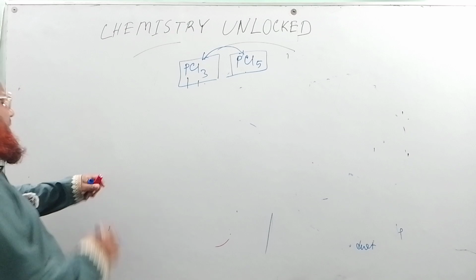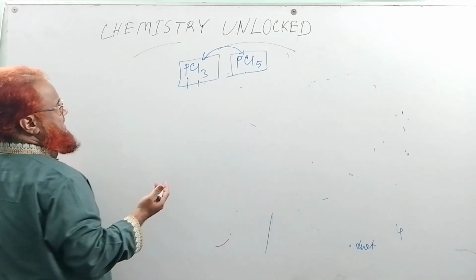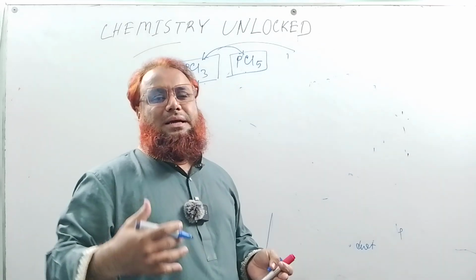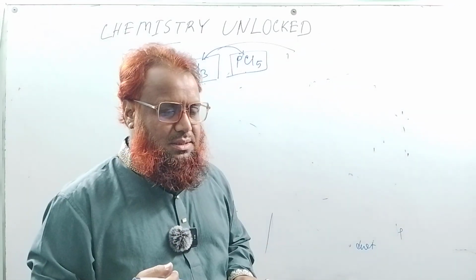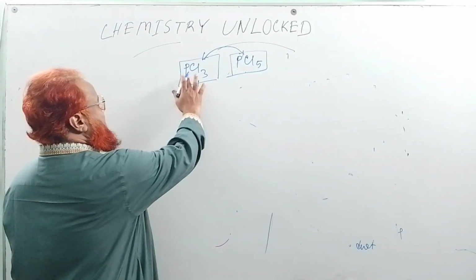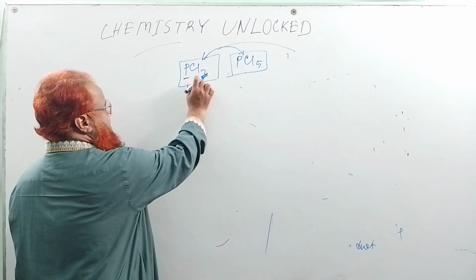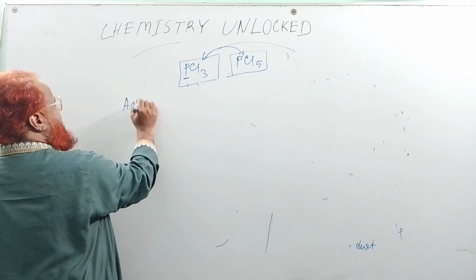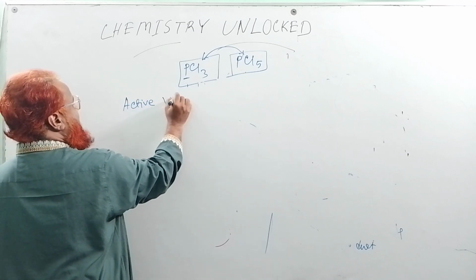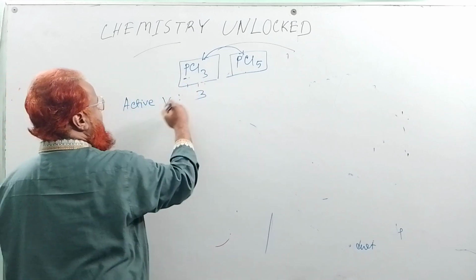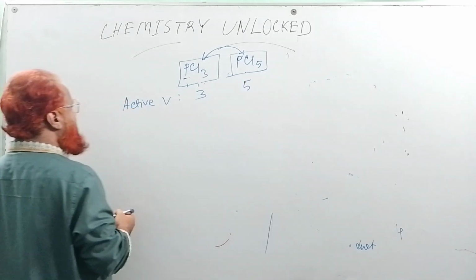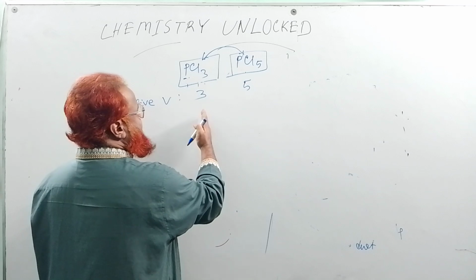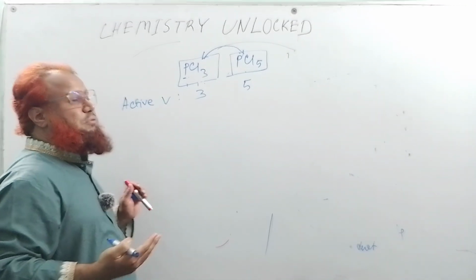Look at here, my dear student. Here, active valency. Active valency means the valency which is actually present in a molecule of an element. For example, here the active valency of phosphorus is 3 and here it is 5. You know that if an element has more than one valency, then its valency is called what?